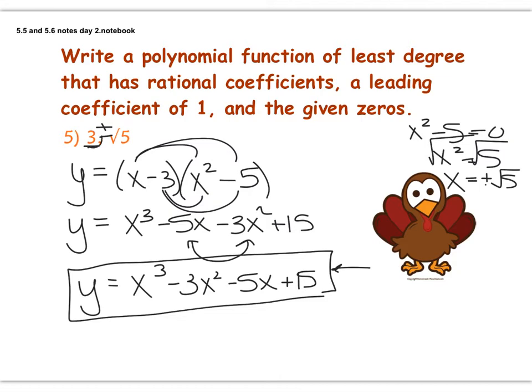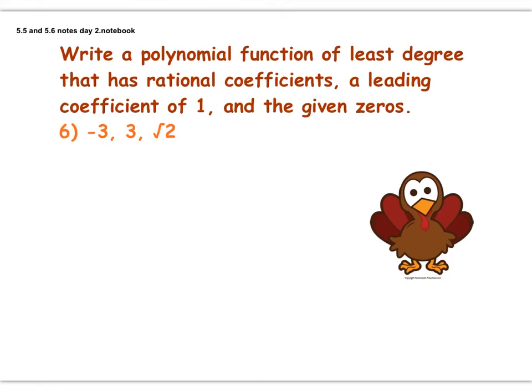Okay, we should definitely see it crossing at 3. And then radical 5, you're going to have to go ahead and see what is radical 5, right? It's 2 point something. So you should see it crossing at a positive 2 point something and a negative 2 point something. Okay, but you can kind of do that little double check as well, just like we did before by looking at the graph.